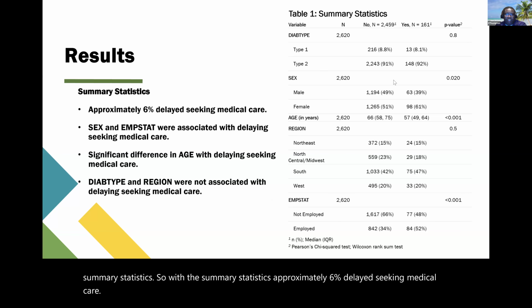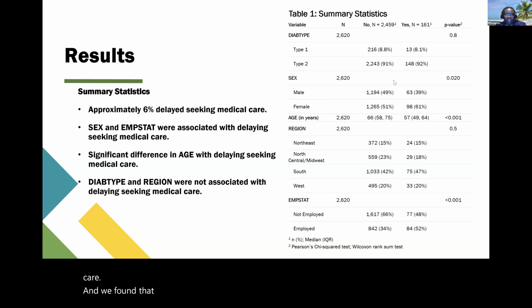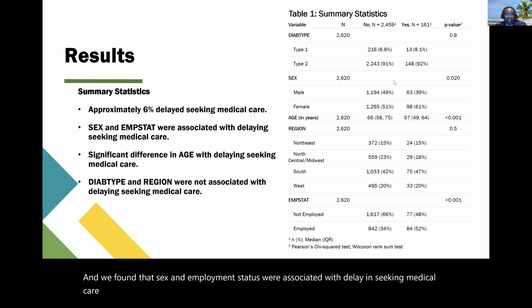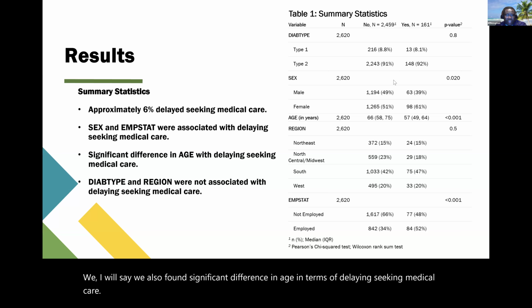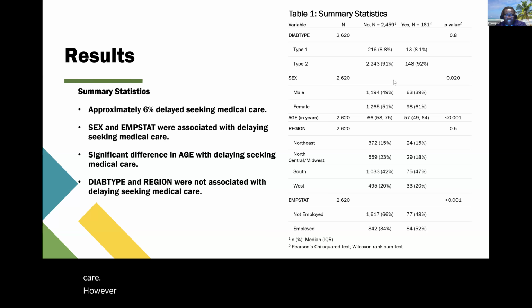We found that sex and employment status were associated with delaying seeking medical care. However, we also found a significant difference in age in terms of delaying seeking medical care. However, diabetes type and region were not associated with delaying seeking medical care.